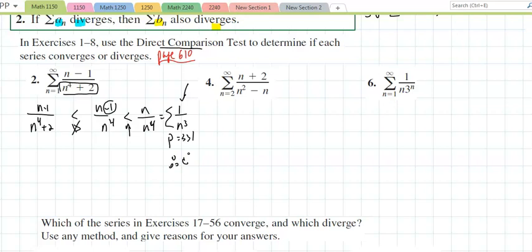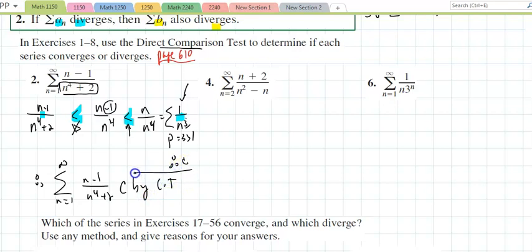What have I just shown? I have just shown that this is bigger than this, and I've shown that the bigger converges. Therefore, the series n equals 1 to infinity, n minus 1 over n to the 4th plus 2, converges by the comparison test.